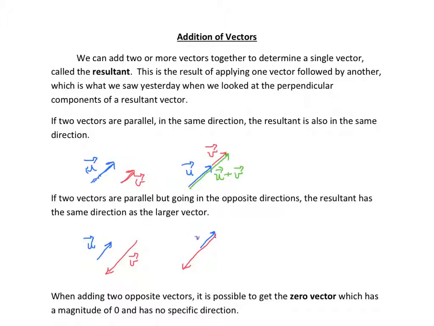So I forgot to label that one. Then the resultant would be the vector that runs from where we started, so here, to where we ended up. So that's what we mean by it will be in the same direction as the longer vector, which in this case was vector v. Okay.